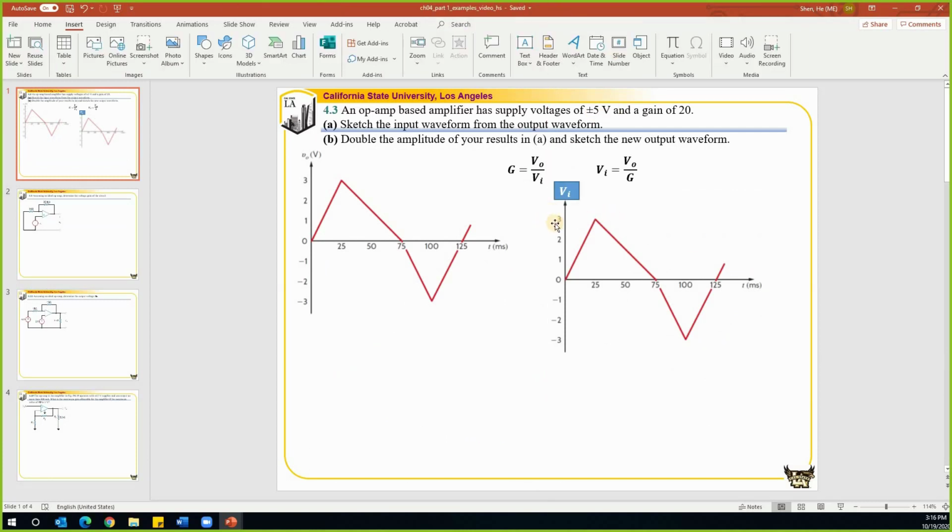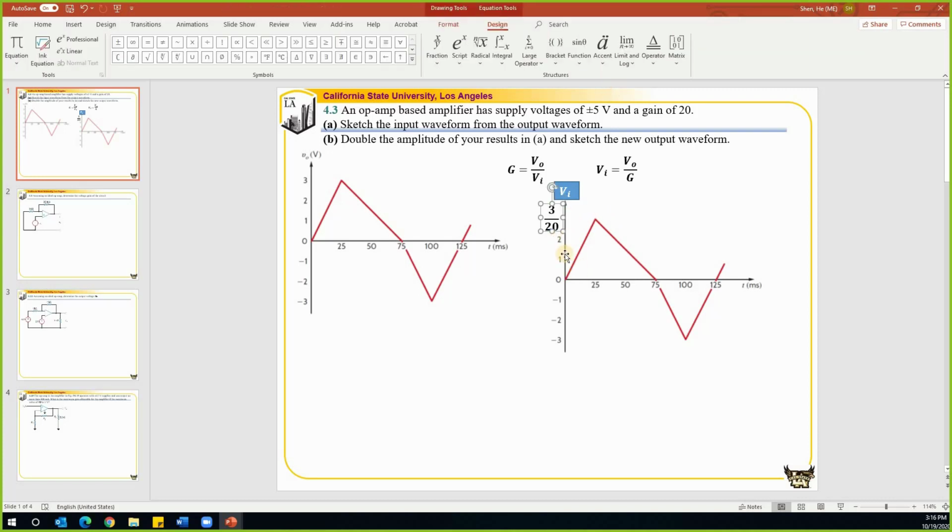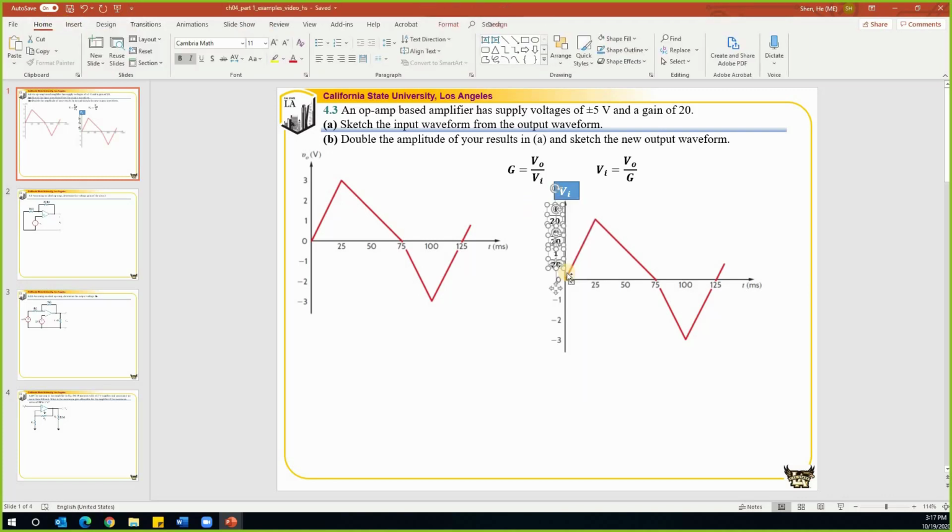The peak over here is no longer 3, it will be 3 over 20. Similarly, the others will be 2 over 20 and 1 over 20. And the same thing on the other side: negative 1 over 20, negative 2 over 20, and negative 3 over 20.